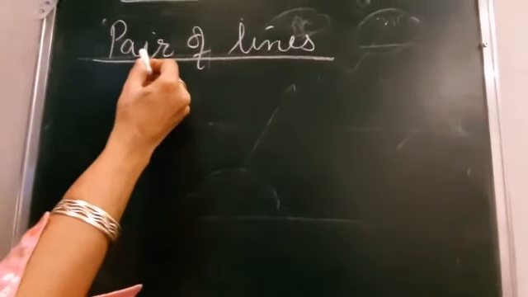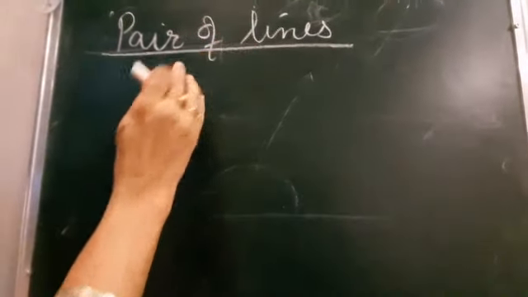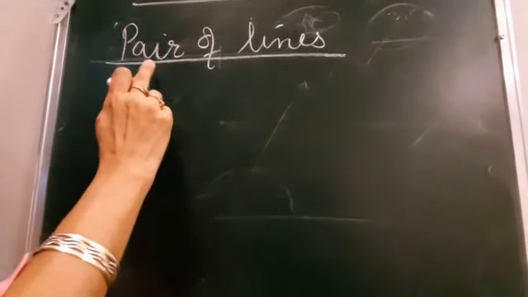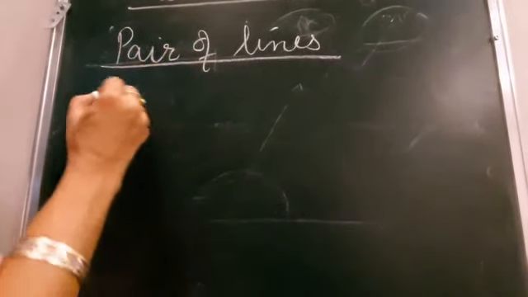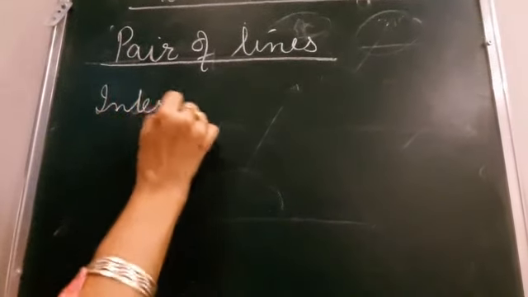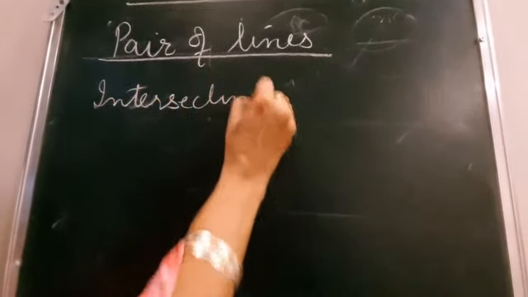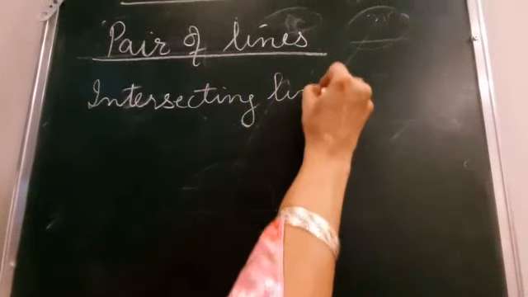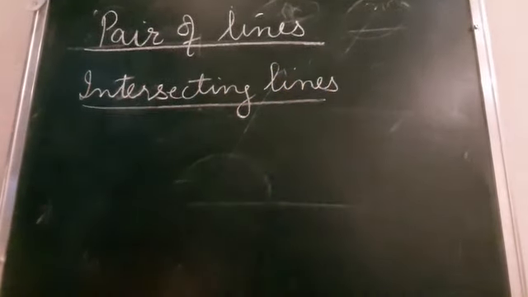Now we will do pair of lines. Just now we have done pair of angles, now pair of lines. Intersecting lines. What are intersecting lines?